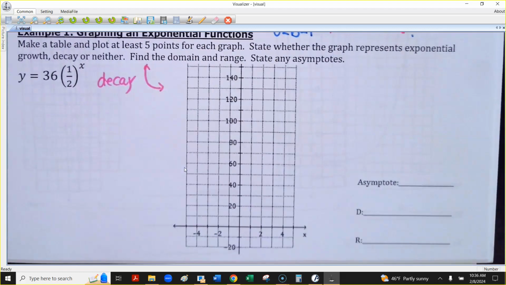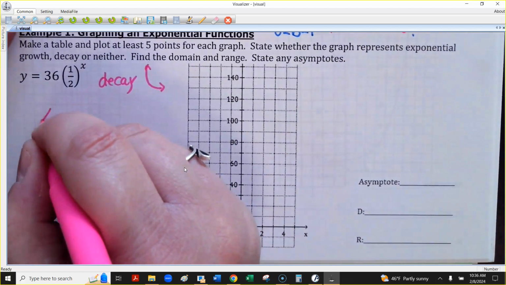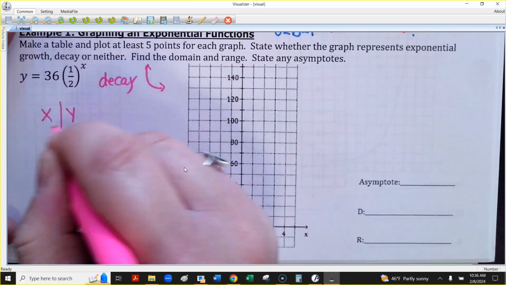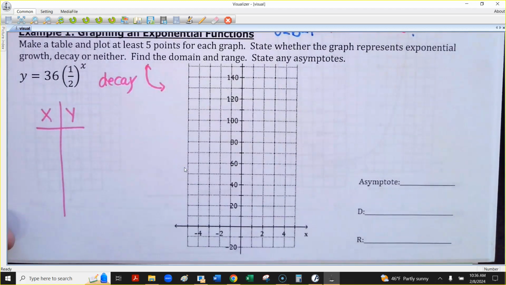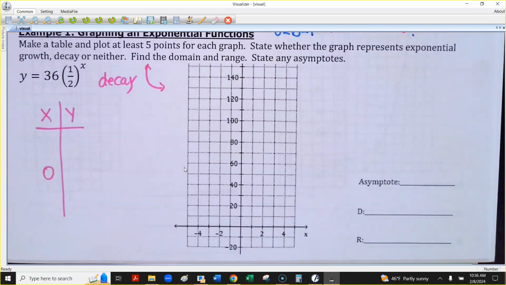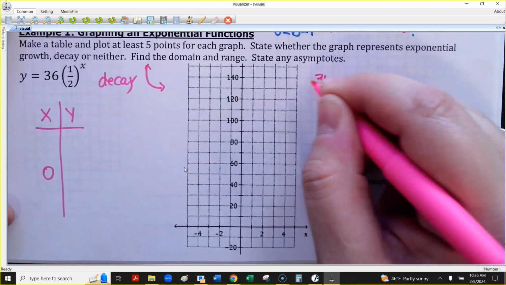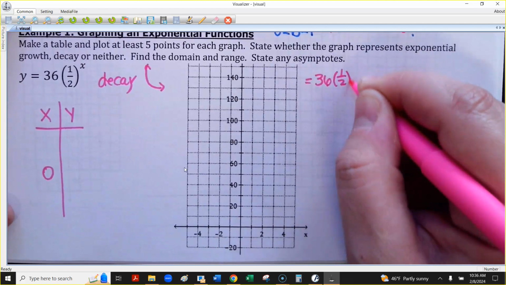Okay, now, here's the deal. I'm going to make a little table here, and I'm going to kind of put 0 in the middle. If I use an exponent of 0, to get my y coordinate, I'd do 36 times 1/2 to the 0 power.